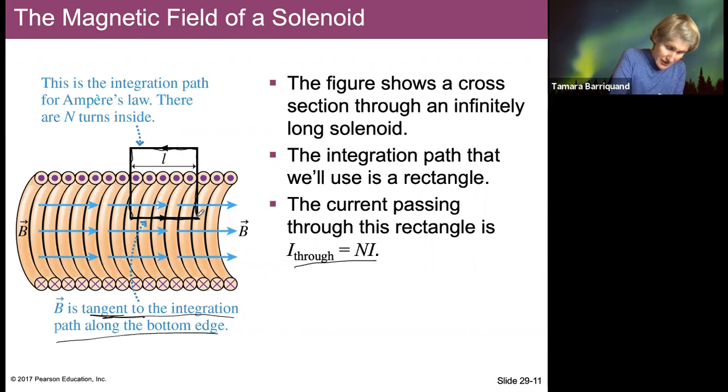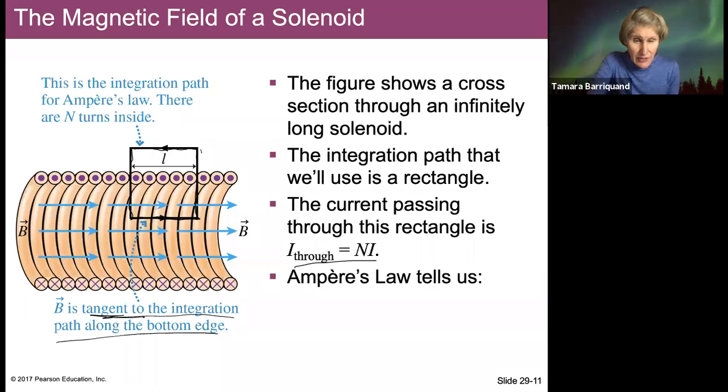So it'll just be B times L. And outside, along the top of our integration path, there is no field out there. So since the magnetic field is 0, that would just be 0. And B will be completely perpendicular to the sides. And so in that case, it will be 0 there as well.